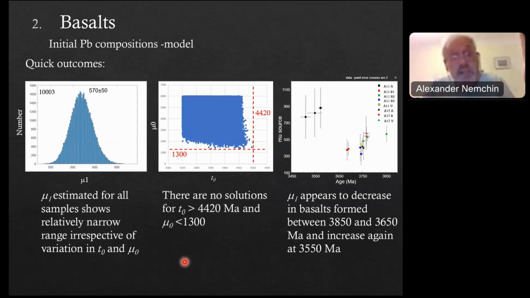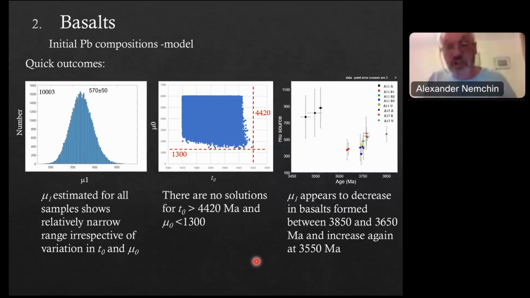So we can get the mu of the sources for our basaltic rocks from this modeling with a reasonable degree of uncertainty. The second observation, and I was avoiding talking about the age of the moon, but we may as well start doing it.